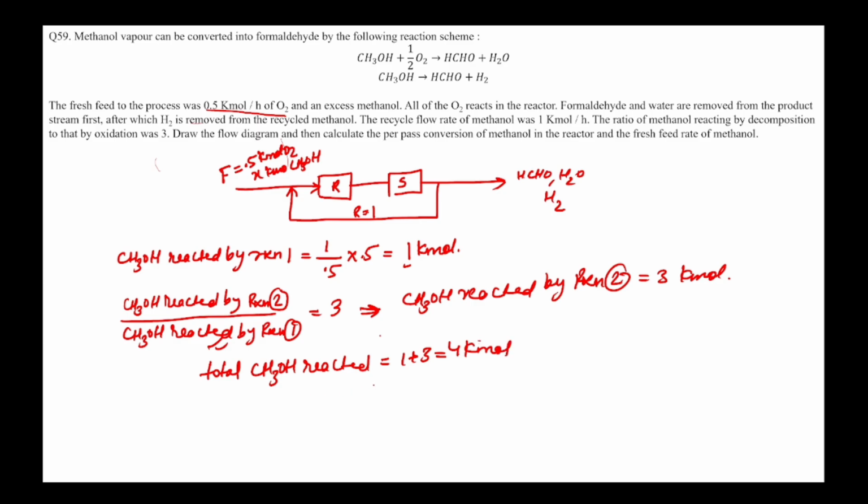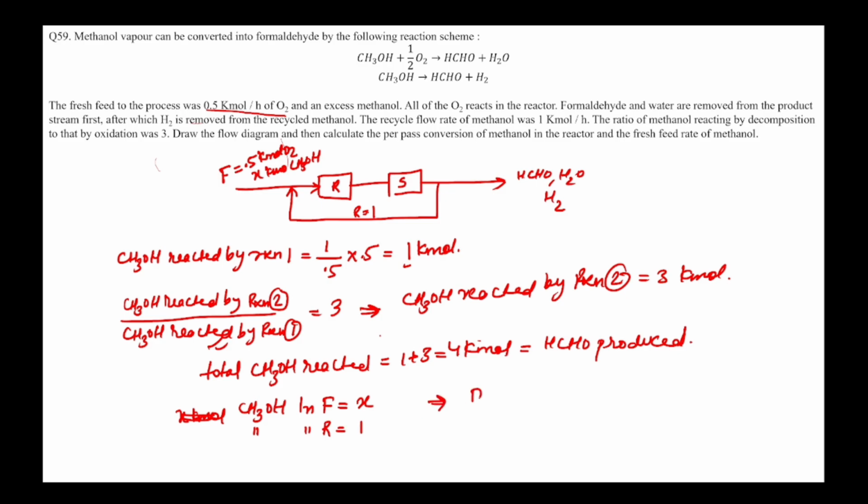And the same quantity of HCHO is produced. So X kilomole, sorry, CH3OH in fresh feed is equal to X, plus CH3OH in recycle 1.